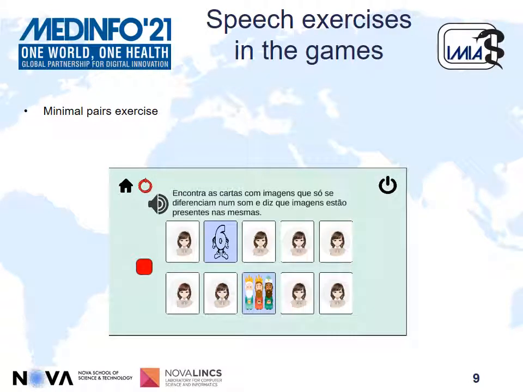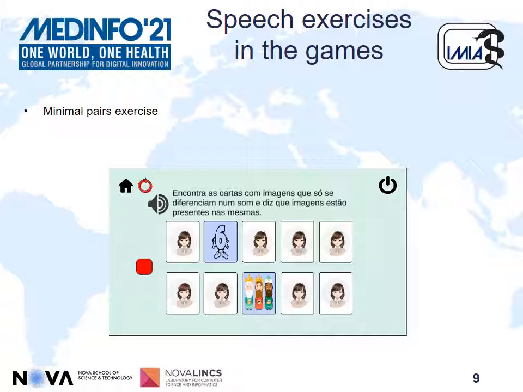Another exercise in these games is the minimal pairs exercise. Minimal pairs are words that differ only on a phoneme, and children often exchange words in minimal pairs, so this exercise is frequently used in speech therapy. So here we adapt this exercise to the game by presenting pairs of cards that do not have the same image but have images of minimal pairs.